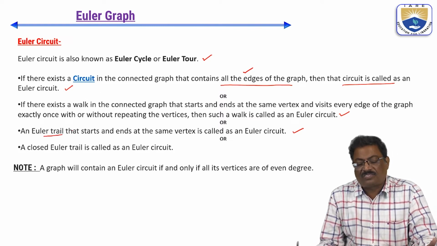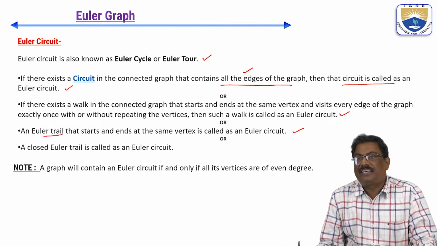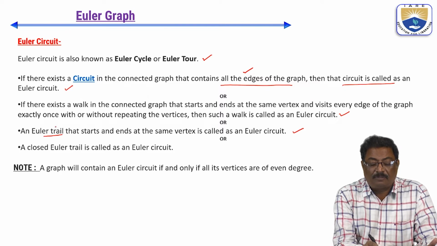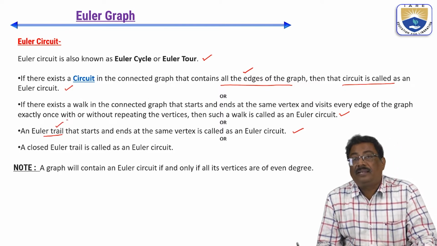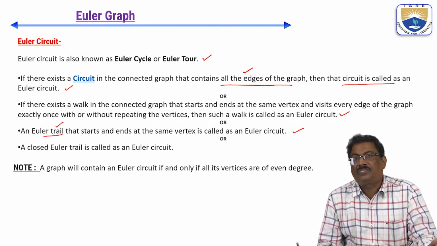Or a Euler trail that starts and ends with the same vertex is called a Euler circuit. A Euler trail is nothing but an open walk containing all the edges, in which the vertices may be allowed to repeat.